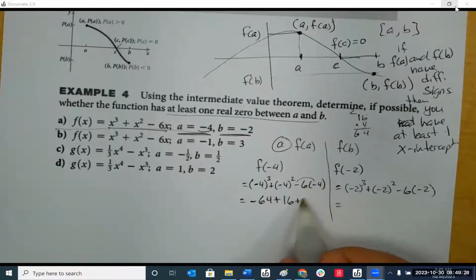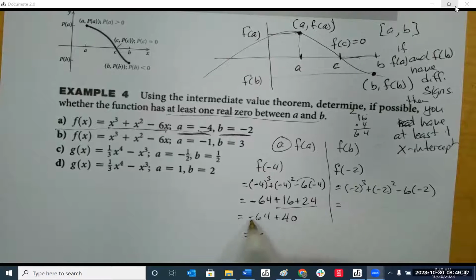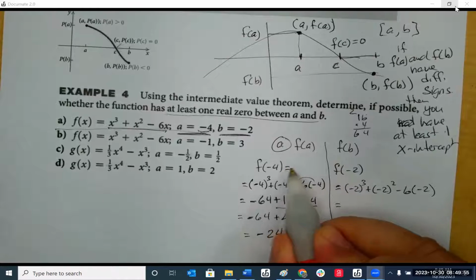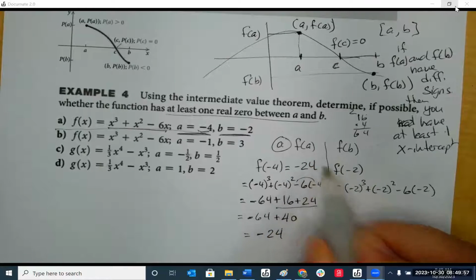Negative and negative is positive. 6 times 4 is 24. 16 plus 24, they're both positive, is 40. So since 64 is bigger, 64 minus 40 is 24. This one equals negative 24.